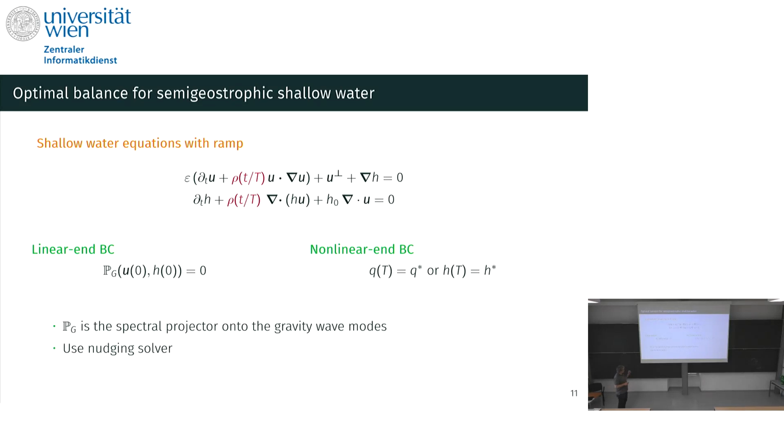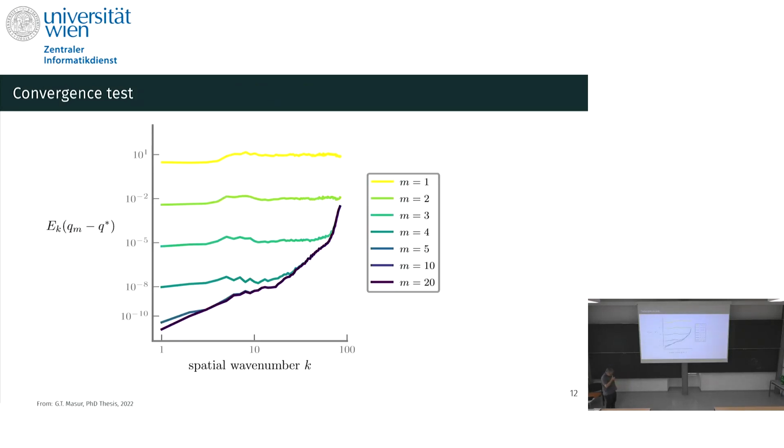Okay, so we use a nudging solver of the same kind. And this is essentially a careful study done by a PhD graduate a couple of years ago, Tuba Maser. She looked at the nudging iterates in that problem as a function of the number of iterations done across the spectrum.